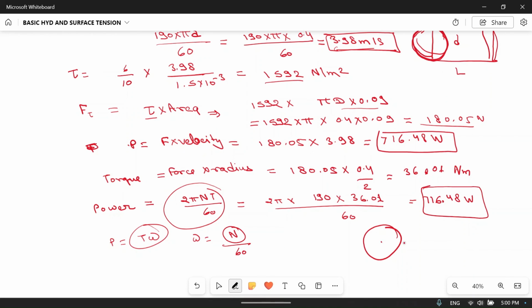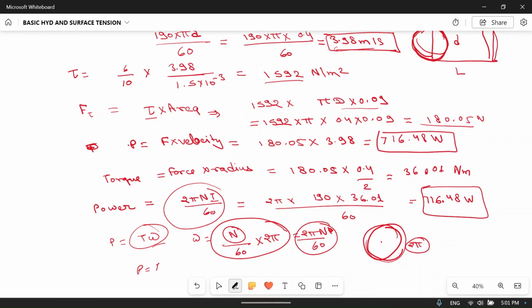You know that one circle is equal to 2 pi angle. So if speed is n by 60 revolutions per second, then 2 pi angle is moved per revolution. So 2 pi n by 60 is the angular velocity omega, and torque you already know. P is equal to T omega, which is equal to 2 pi nT by 60.